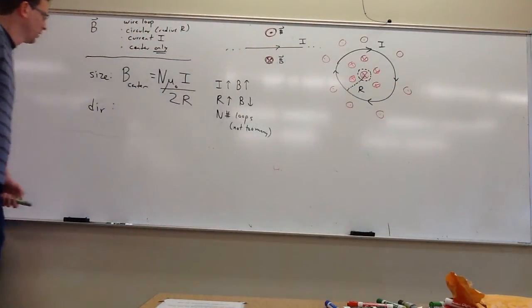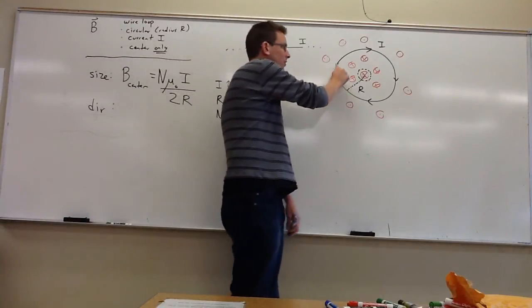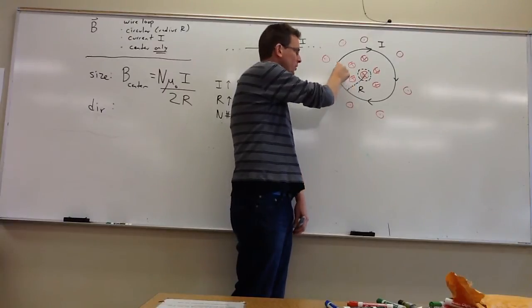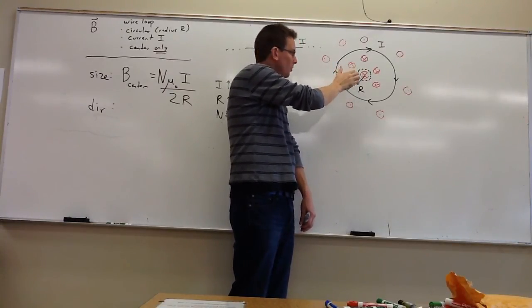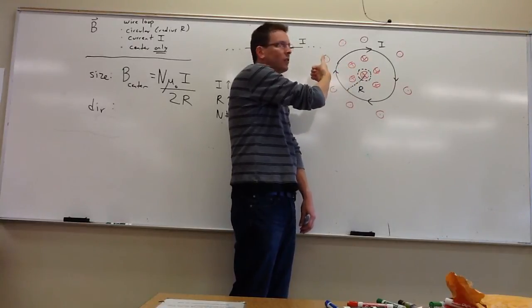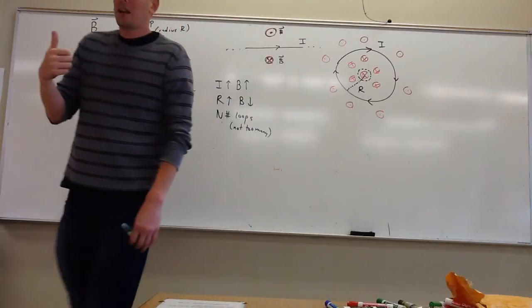So direction. Let's talk about that. Well, you can use that right-hand rule. Obviously, you can point your thumb along any segment of the current. Just pick your favorite one, and you'll get an answer. The magnetic field will go into the page here, or it'll come out of the page on the outside. Just apply that.